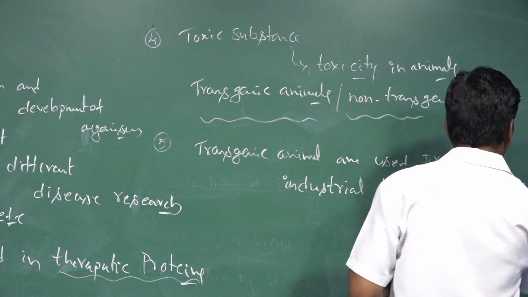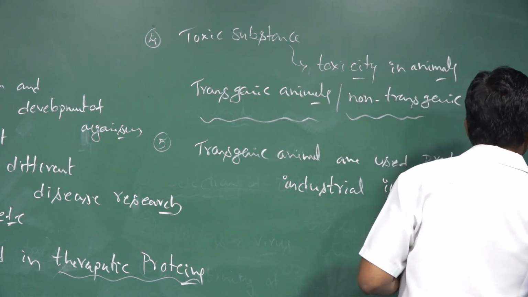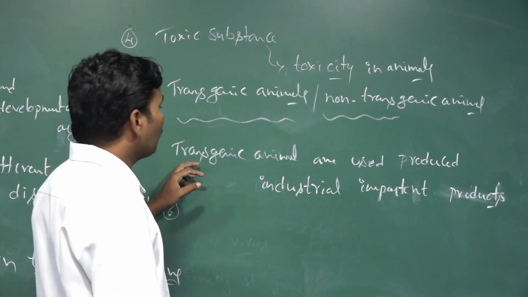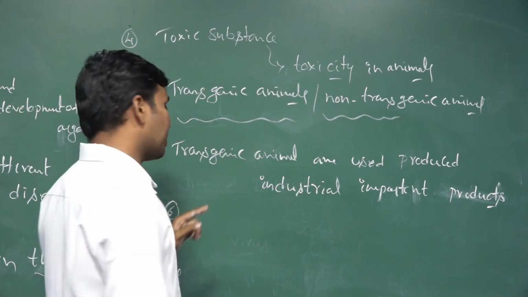So important products, food materials and different types of products we are going to make by using transgenic animals. This is another application.